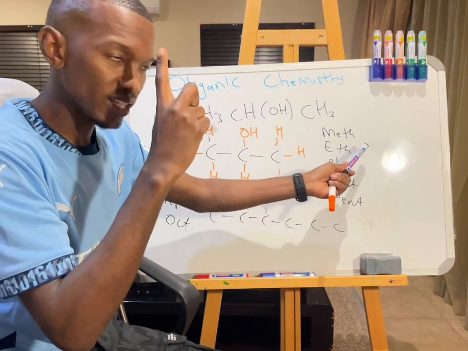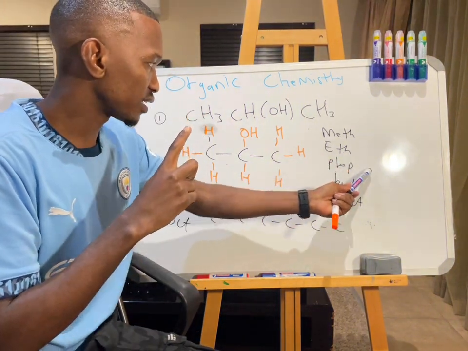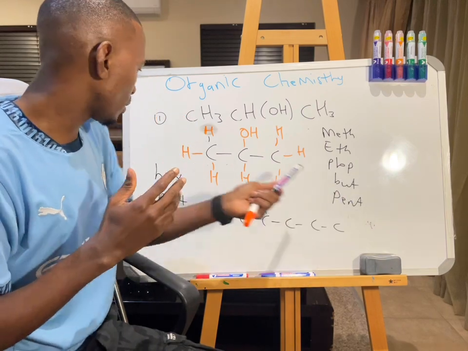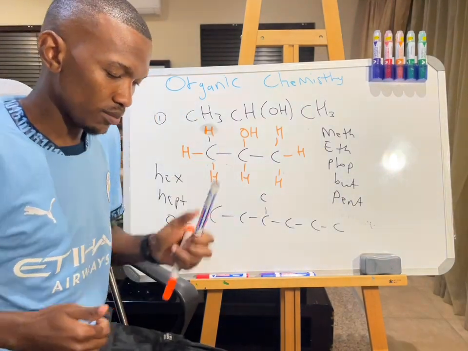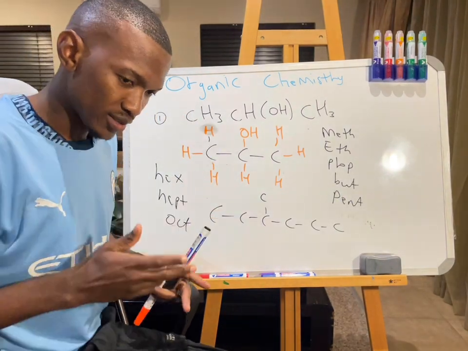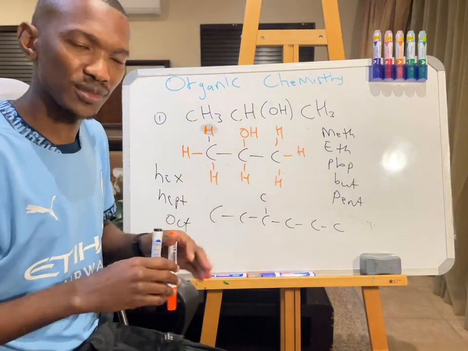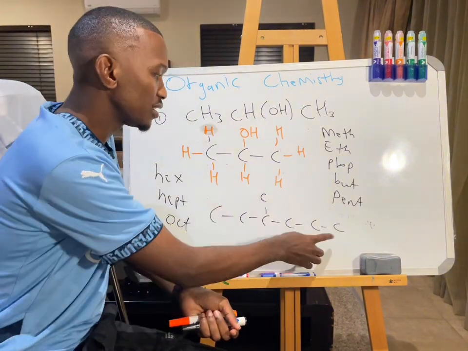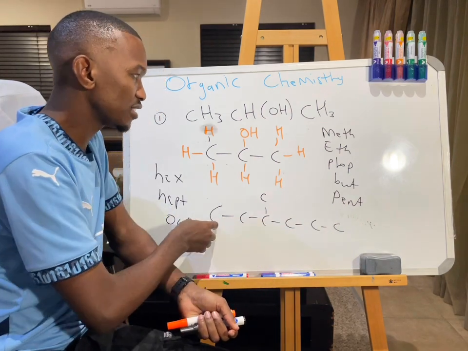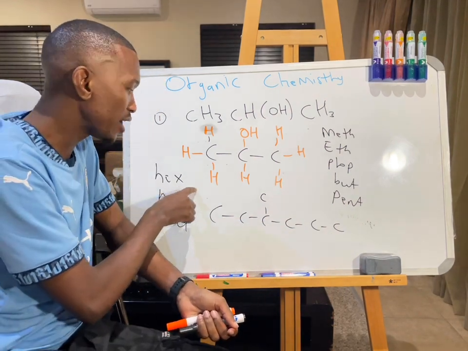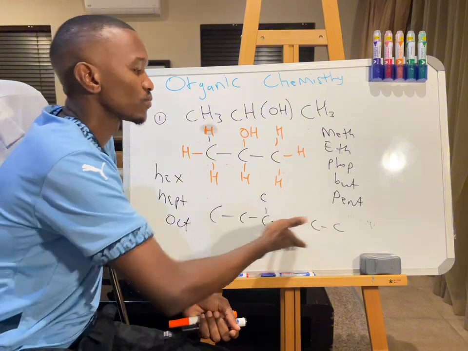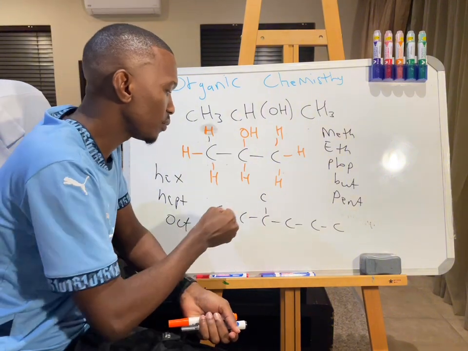So meth means 1 carbon, 2 carbons, 3 carbons, 4 carbons, 5 carbons, 6 carbons, 7 carbons, 8 carbons, 9 carbons, 10 carbons. Okay, so right now you can see 1, 2, 3, 4, 5, 6. Which one? Hexane. We have hexane, or hex. You see, there are 6 carbon atoms.